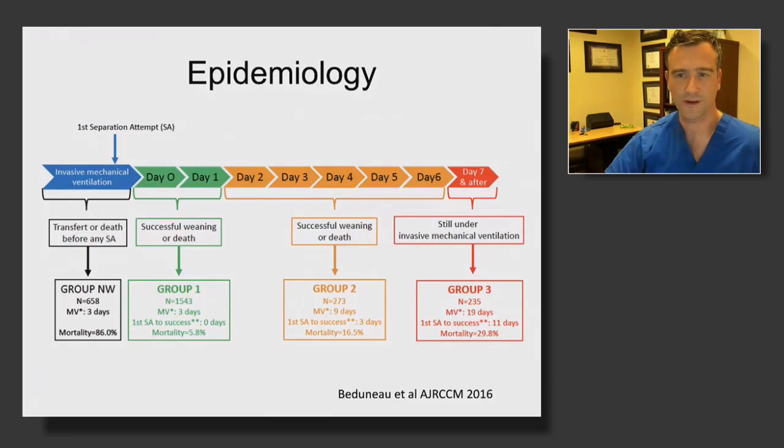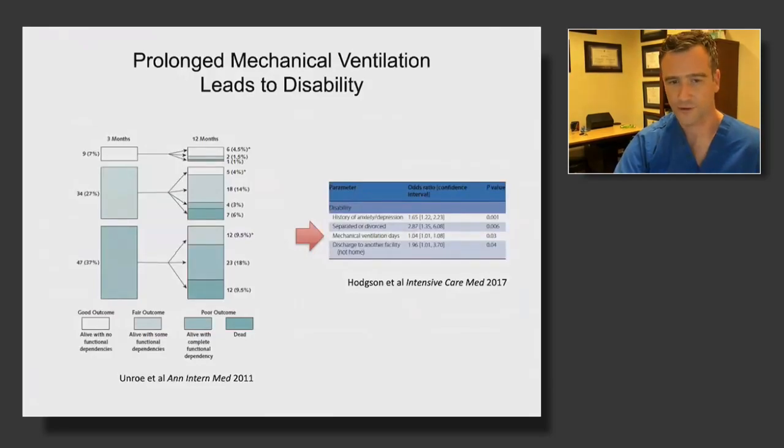Now, of course, sicker patients will have a more difficult time being liberated from the ventilator, but the important point here is that patients who require more prolonged time on the ventilator have a higher risk of poor clinical outcome. And it's not just a risk of death that we're concerned about, but also of long-term functional disability. So in studies looking at patients who are liberated from the ventilator, but only after at least 21 days of mechanical ventilation, you see that the rates of functional dependency are very, very high.